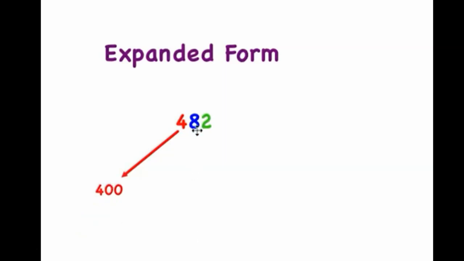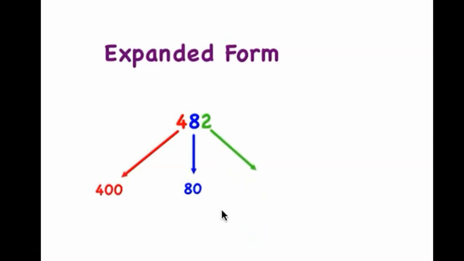What is the value of the digit 8 in the tens place? We know that that 8 in the tens place doesn't just have a value of 8, it actually has a value of 80. What is the value of the digit 2 in the ones place?